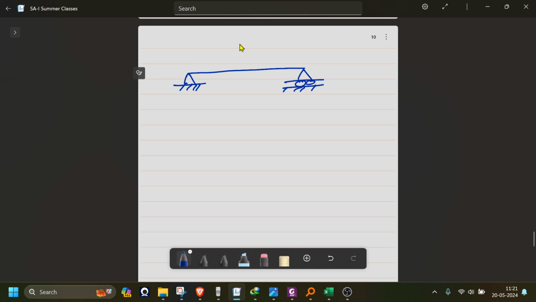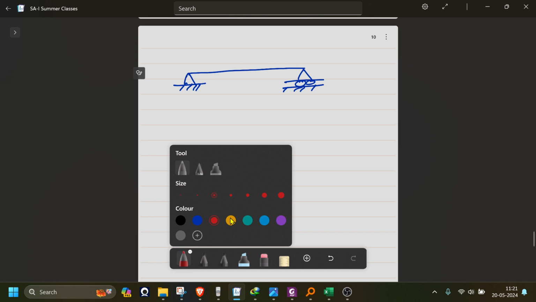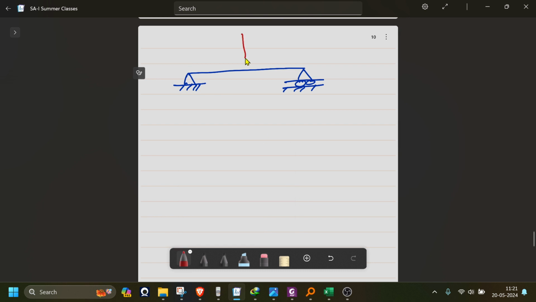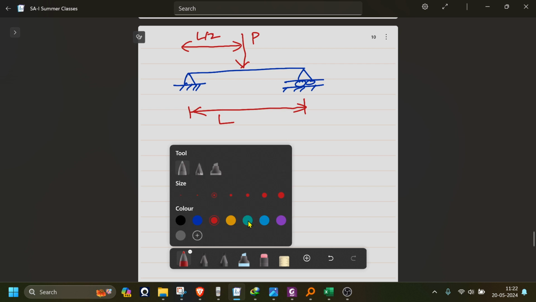Okay, so this is a simply supported beam, and I have a point load P acting at a distance L by 2. Let us say the total length of this beam is L. What are the reactions here?